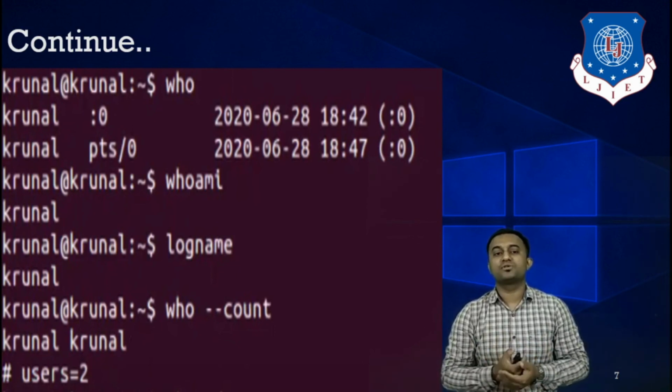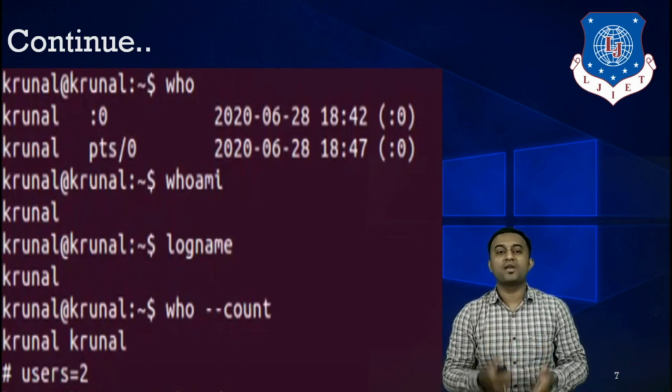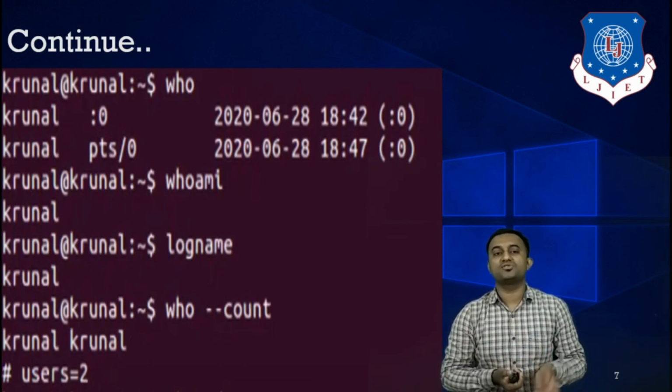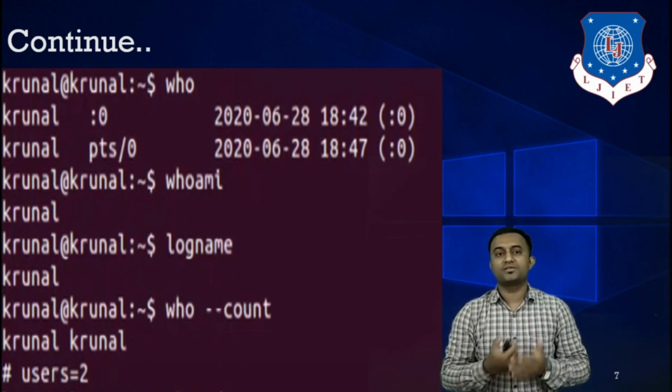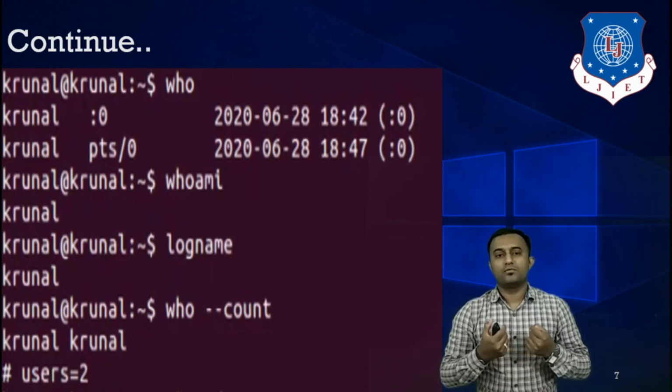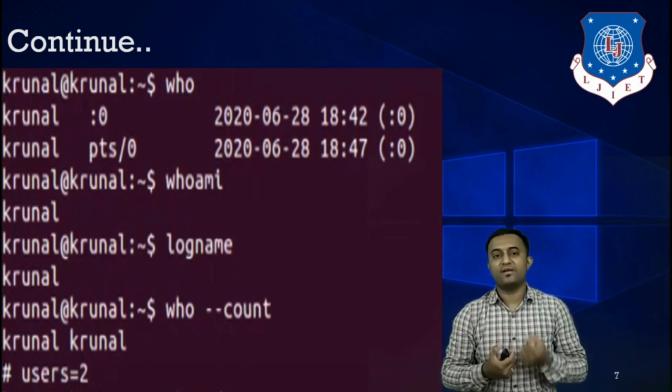Same way, suppose how many users are logged in. So there are two users, Krunal and Krunal. Means one user was created at the time of installing the operating system, and the second one is using this terminal right now. Fine. So if you want to count the number of users, who space hyphen hyphen count, these options we have.